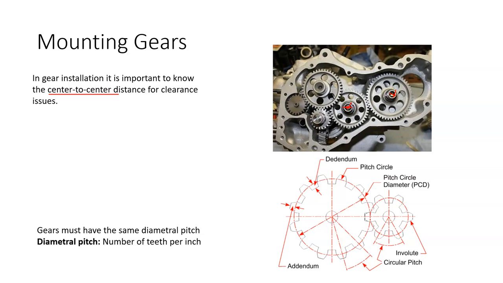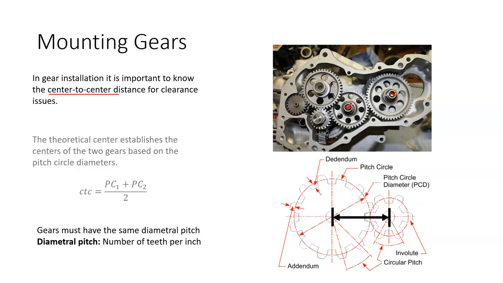So you can see that with these two gears, the diametral pitch, where the forces all hit each other, still matches right in here. So these are theoretically well-mated gears. Assuming you have the same diametral pitch, you need to know that this center-to-center distance is going to work out. There is a right calculation for this, the theoretical center calculation, or the center-to-center.